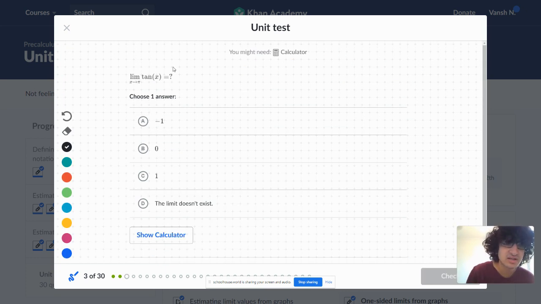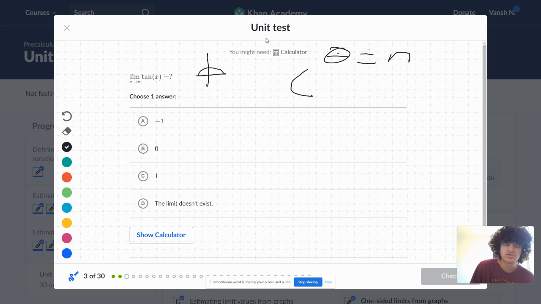Okay, so the limit as x goes to pi of tan of x. Let's just see. For theta equals pi, cosine is negative 1, sine is 0.